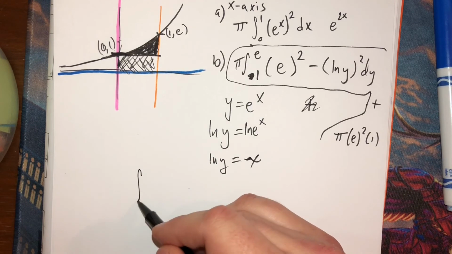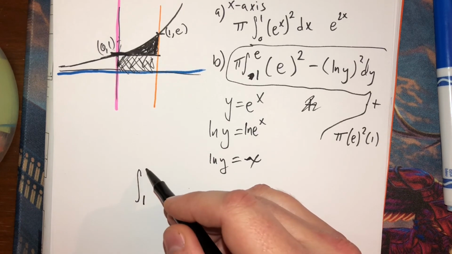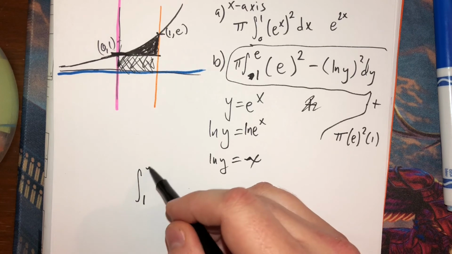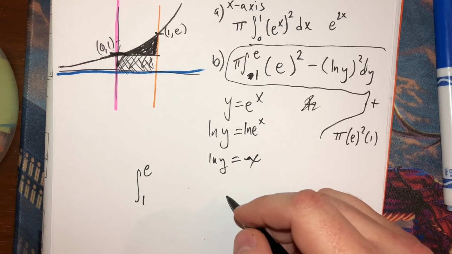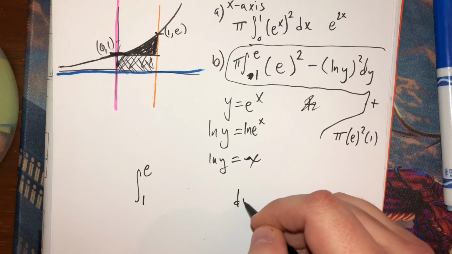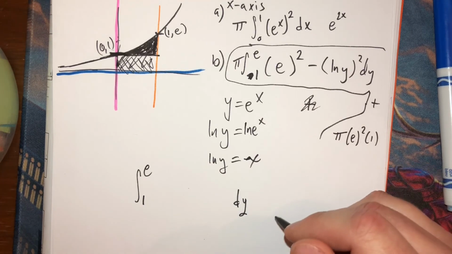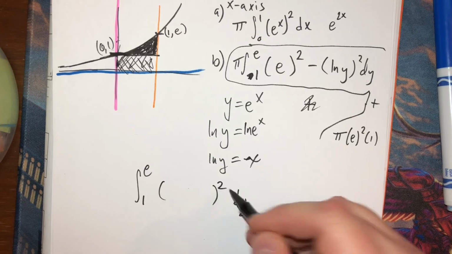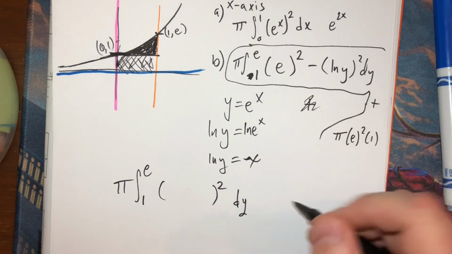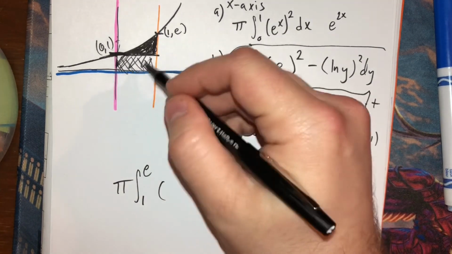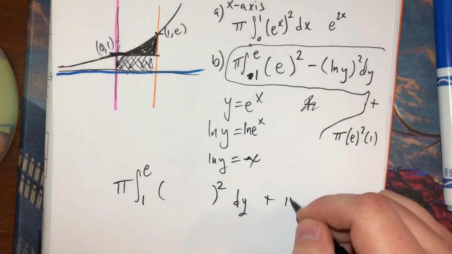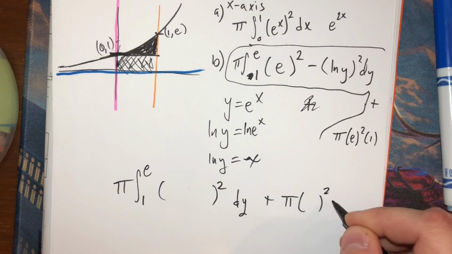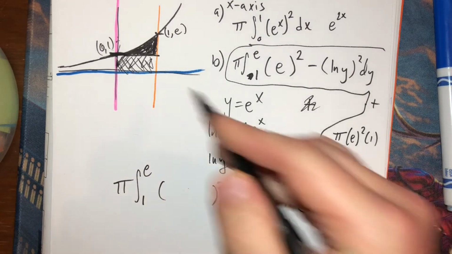So our first one is going to go from 1 to e, and our second one is in contact the whole way, so it's just going to be a singular radius, right? And we're going to have to add it to this bottom chunk down here again. So pi times our radius squared times the height of it, and the height of it is 1.